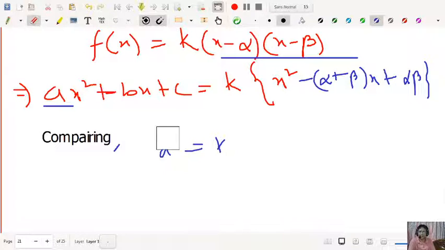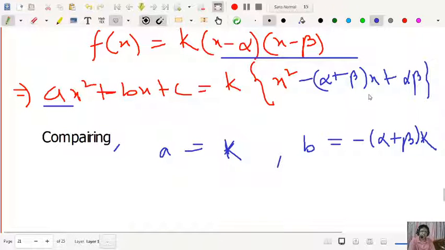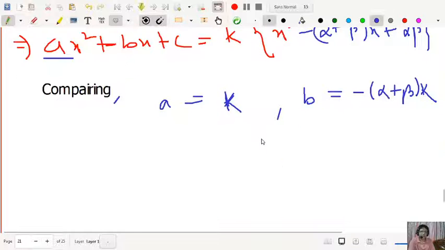Yes, the coefficient of x square is k, right? And what is the coefficient of x? The coefficient of x is minus of alpha plus beta into k on the left hand side, and on the right hand side you have b.